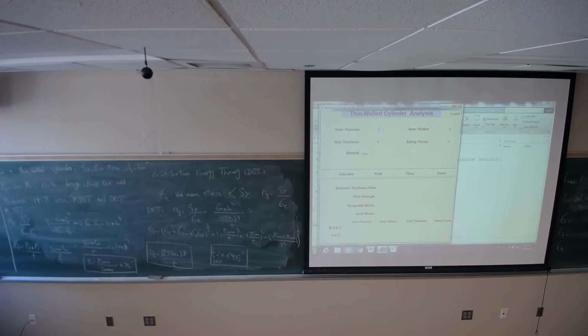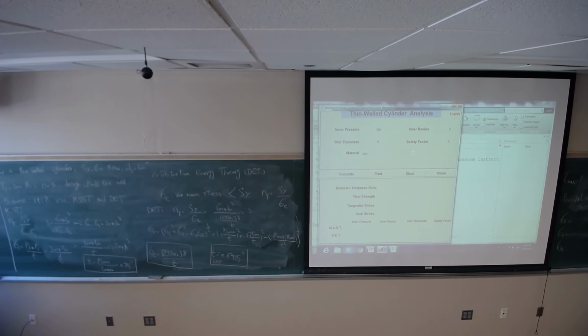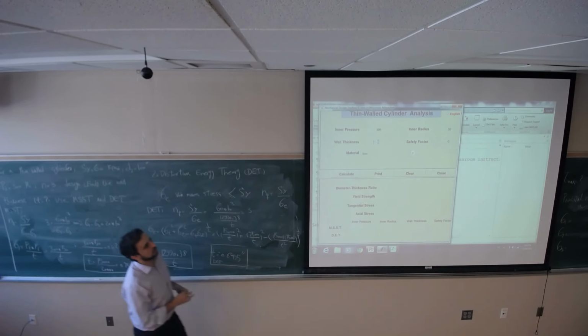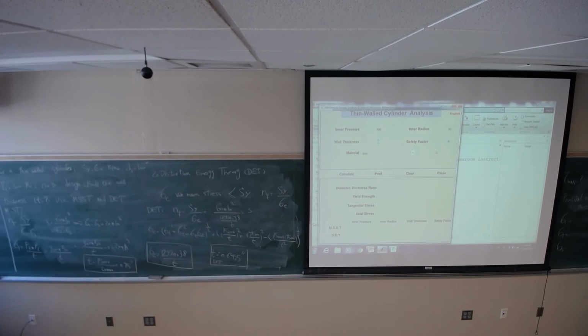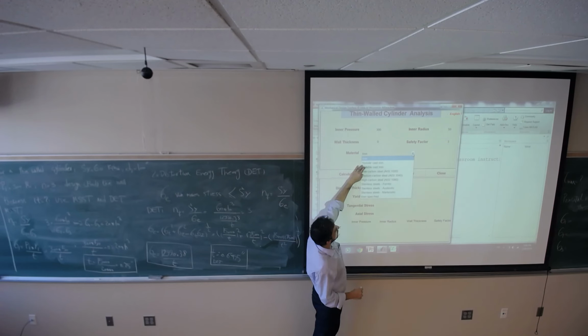The inner pressure was 300. And the inner diameter is 100. The inner radius is 50. Wall thickness, I'm solving for wall thickness, so I leave it there. I don't know what the value would be. So I just enter the safety factor that I'm given, which is 3. And for the material, it has a library that you can choose the corresponding material.